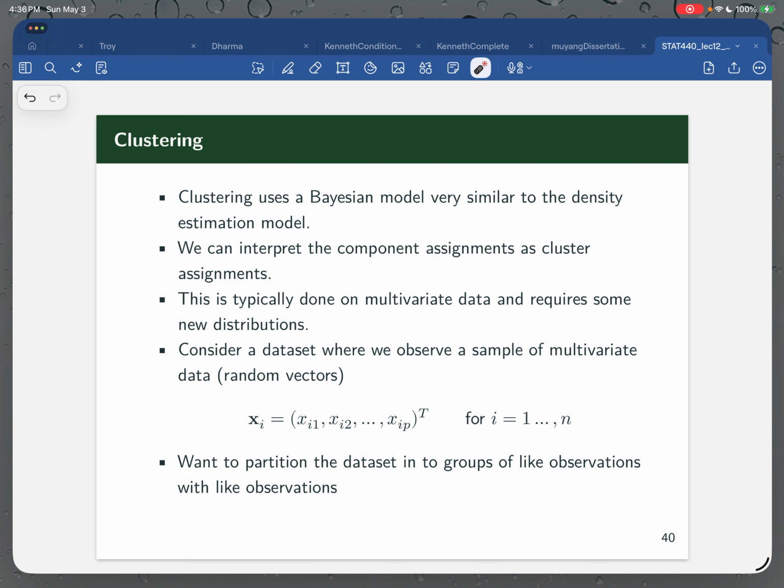Here, we're going to have multivariate data, and specifically we'll look at two-dimensional data because that's easy to picture, but this can be done in much higher dimensions. We're going to start with multi-dimensional data, and the idea, as hopefully you have in mind, is we want to partition the data set into groups of like observations.